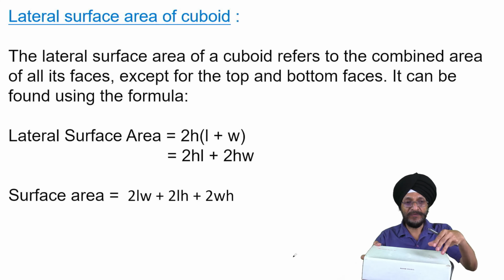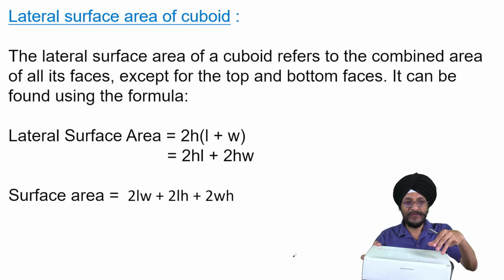So here length given before us is 5 centimeter, width given is 3 centimeter, and the height given is 4 centimeter. Now what is the formula for lateral surface area? 2H multiplied by L plus W.